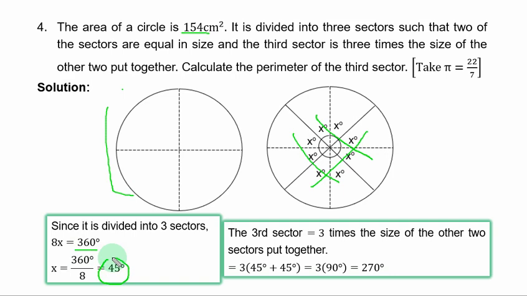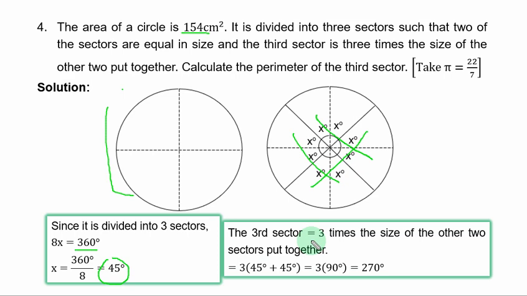Now, this is what happened. The third sector is equal to 3 times the size of the other 2 sectors put together. By this operation, each sector is 45 degrees. So if you put 2 together, that is 45 degrees plus 45 degrees, 90 degrees.